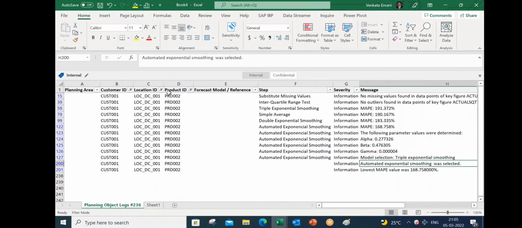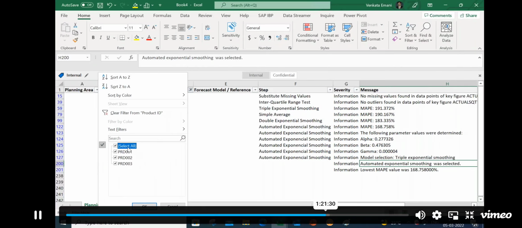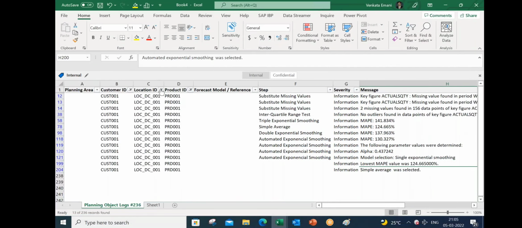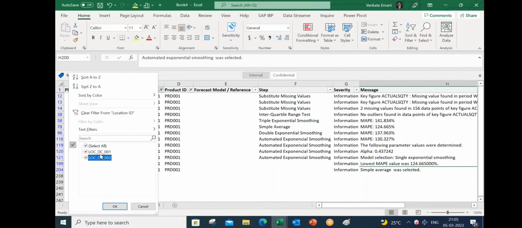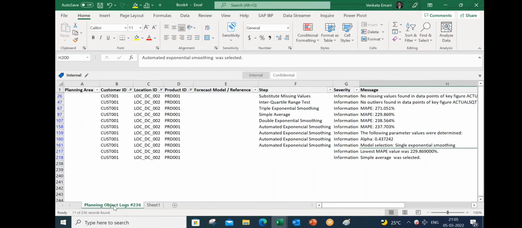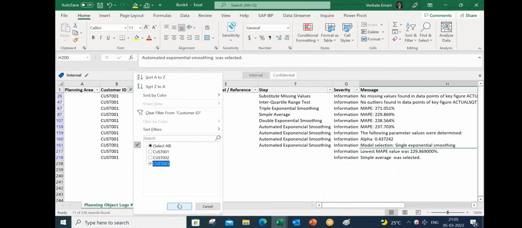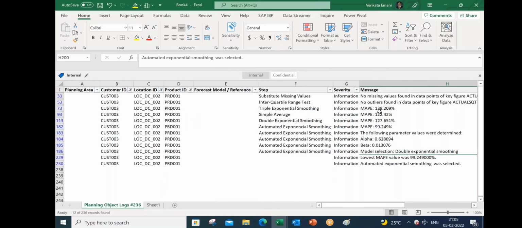So that is product 1, location 2, and customer 3. Yes, it selected automated exponential smoothing and probably it has done something.